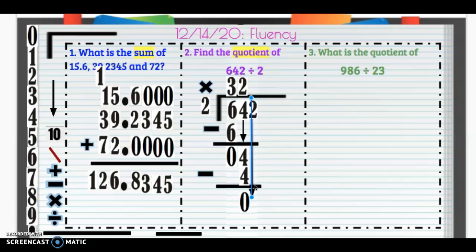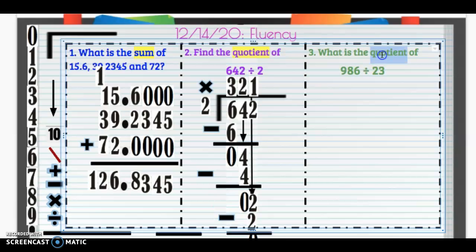So since I bring down the 2, how many times does 2 go into 2? Well, 2 times 1. So I put my 1, put my 2 below, and then I subtract. Again, you can go off the page. I still see it if it's off the page, okay? And then since I subtracted that, that's what gave me the 0. All right, so my answer is 321.